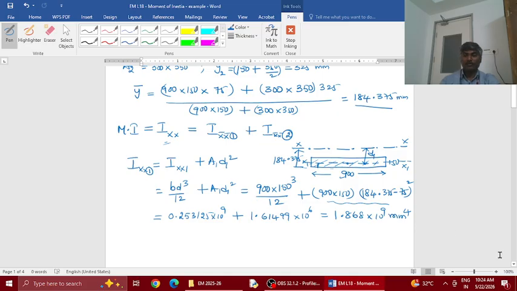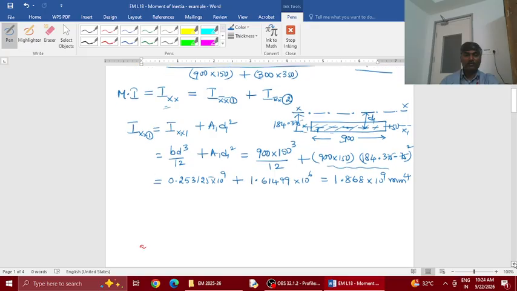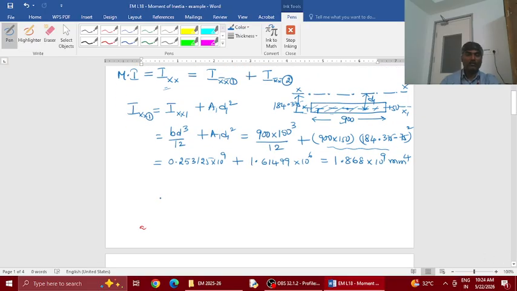So going for the second one. Ixx of the second figure is equal to... draw the second figure here.